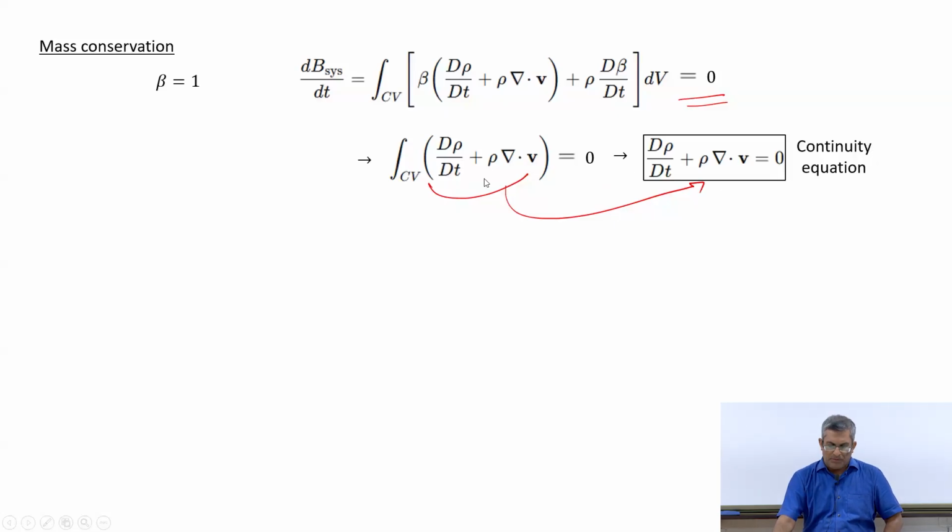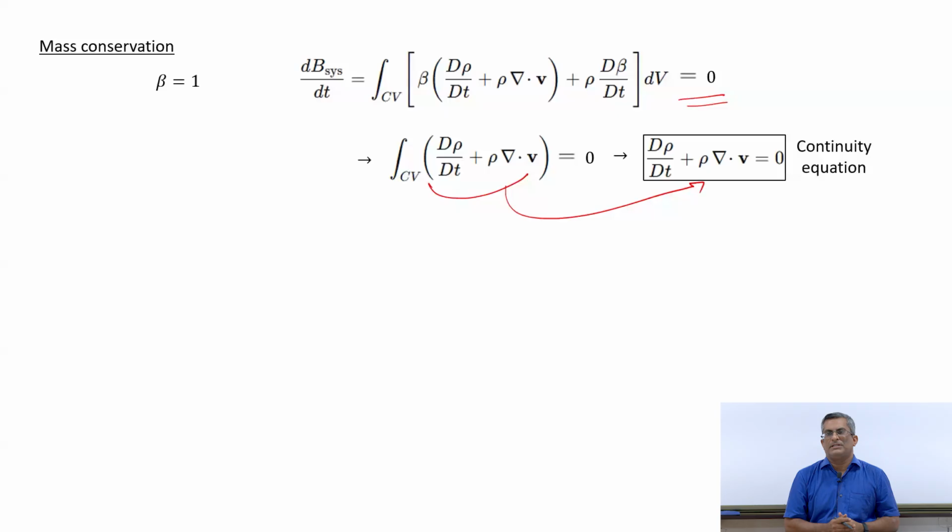Imagine you have some parameter here and you are integrating that over your control volume. When you integrate that within the control volume, basically you are adding that parameter throughout the control volume. And if that summation is 0, why should that parameter itself be equal to 0?